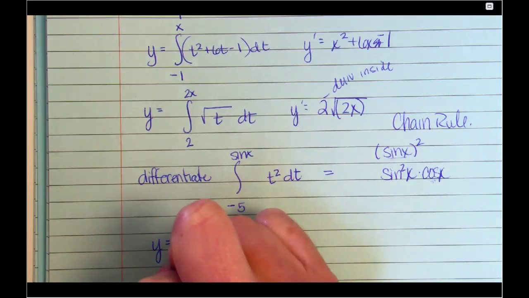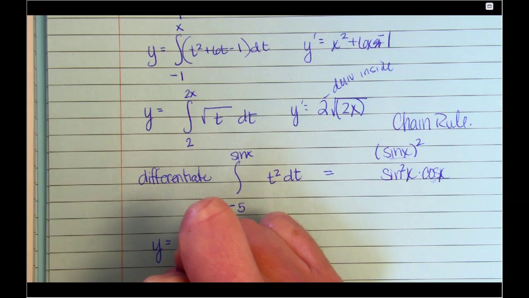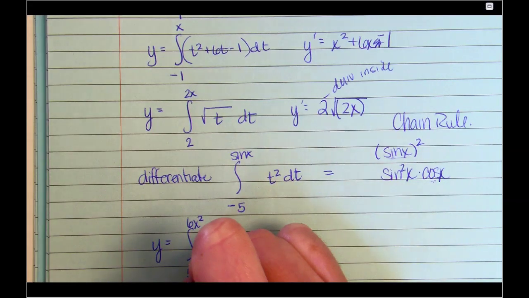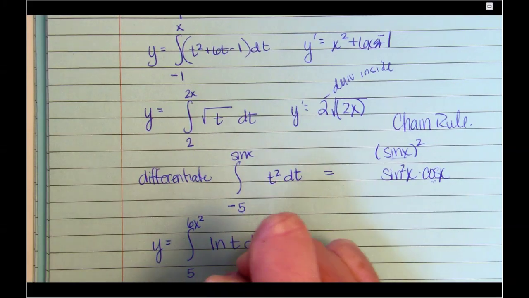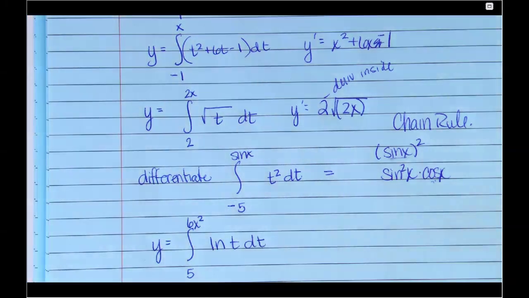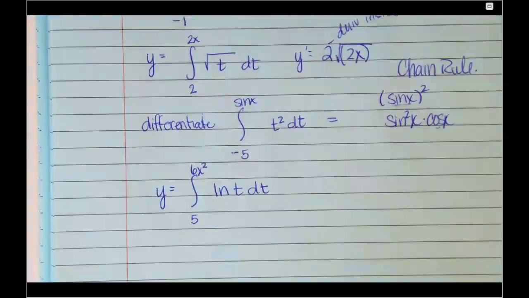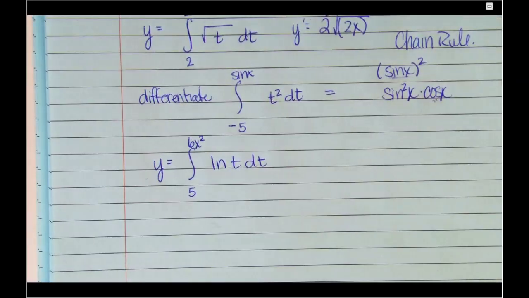So let's go 6x squared, and let's make this natural log of t. Listen, plug in the thing and then do chain rule. Literally, it is that easy.